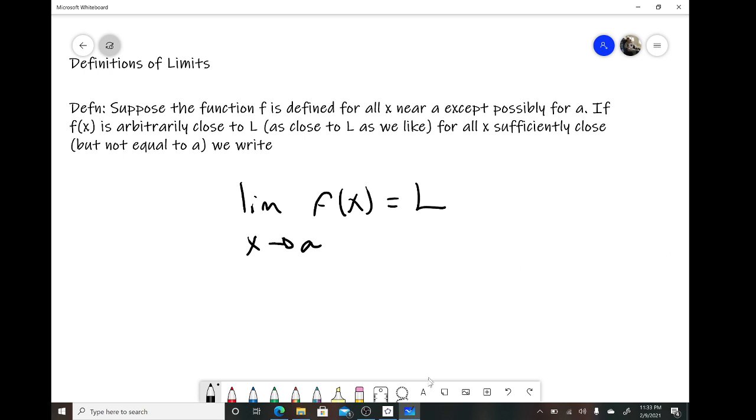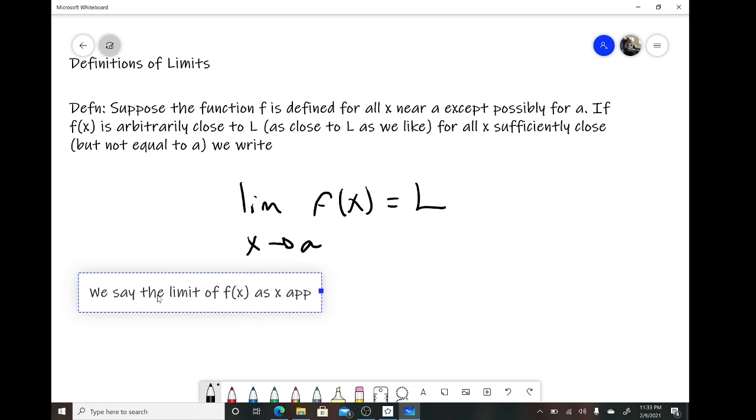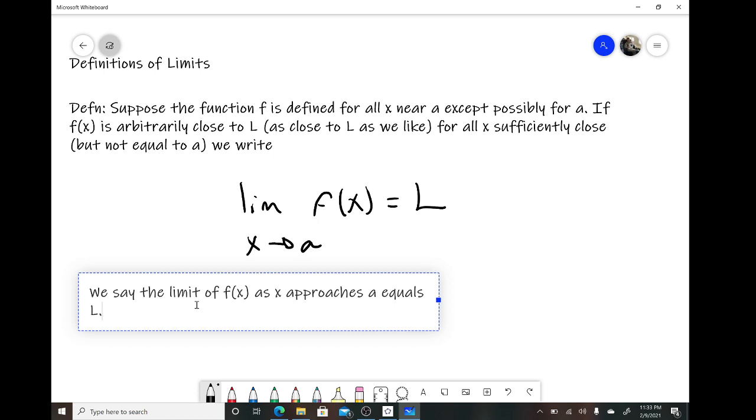So again, we read this as the limit of f of x as x approaches a equals L. Here in this definition, L, a, and x are all real numbers.